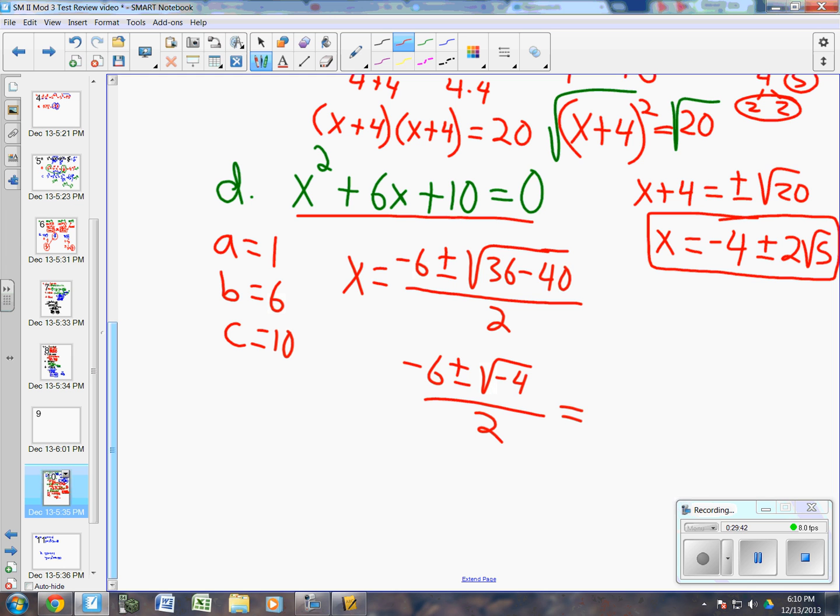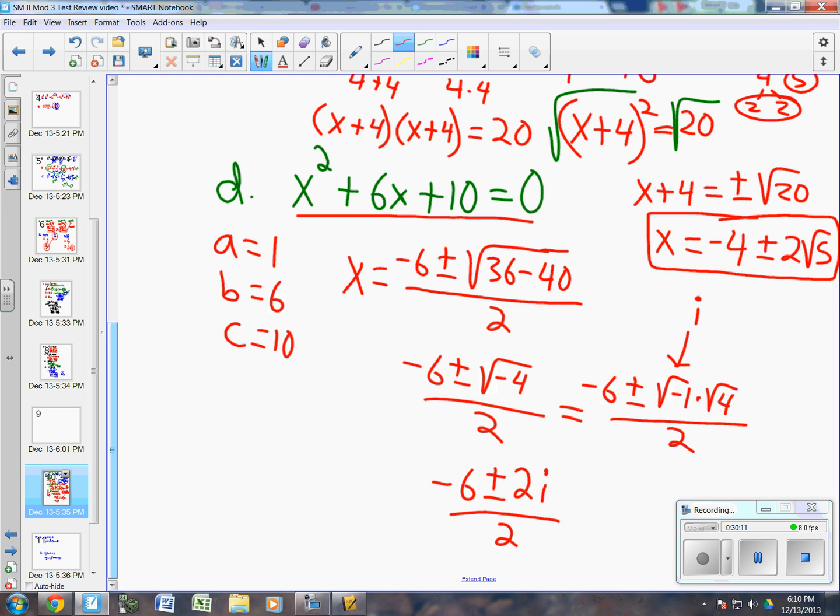But I'll just show you really quickly. The square root of negative 4 breaks down to the square root of negative 1 times the square root of 4, all over 2. We know that the square root of 4 is 2. And for your information, the square root of negative 1 is the imaginary unit i. So this breaks down to negative 6 plus or minus 2i, all over 2.